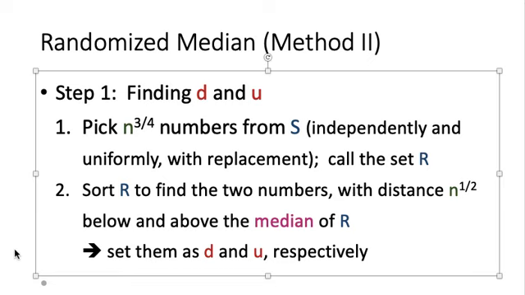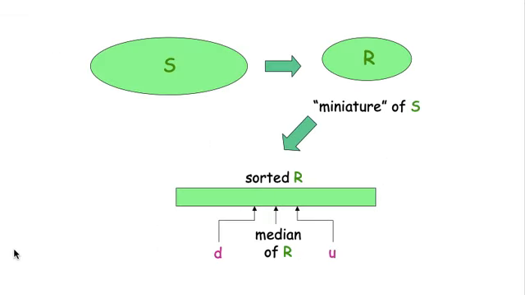Okay, so let's see. So this is what we mean. So we have S, and we do sampling. So after the sampling, we have a small representation of S. So roughly speaking, because it is done by sampling, R should look close to S somehow. And then, because R is now small, we can sort R.